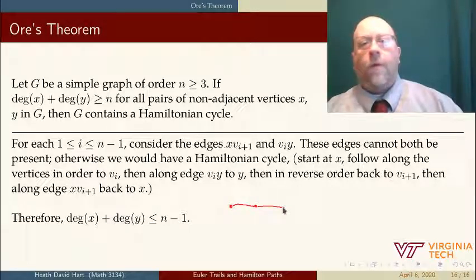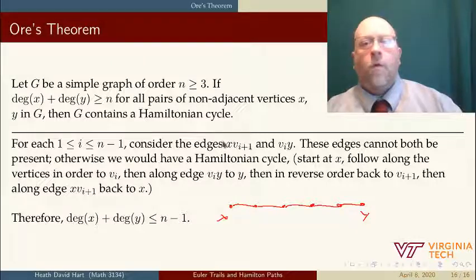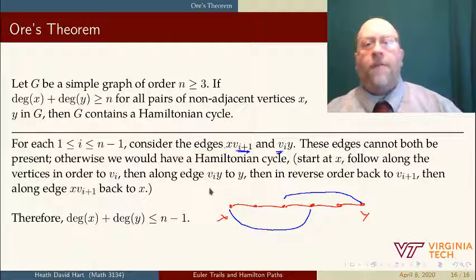That's the pair that we were looking at earlier. Where the i plus 1 vertex goes back to x, and the i vertex goes forwards to y. These edges cannot both be present, otherwise we would have a Hamilton cycle. Start at x, go up to vi, over to y, back to vi plus 1, back around to x.